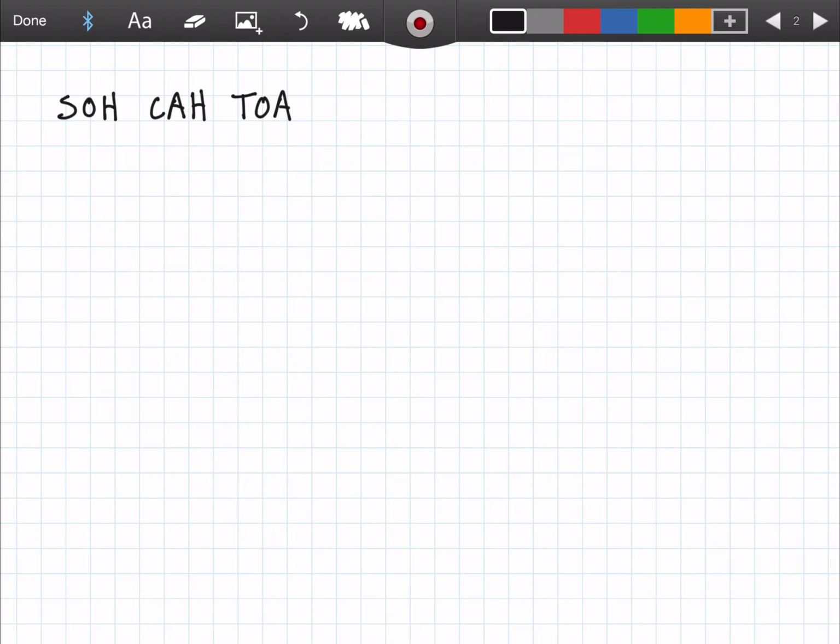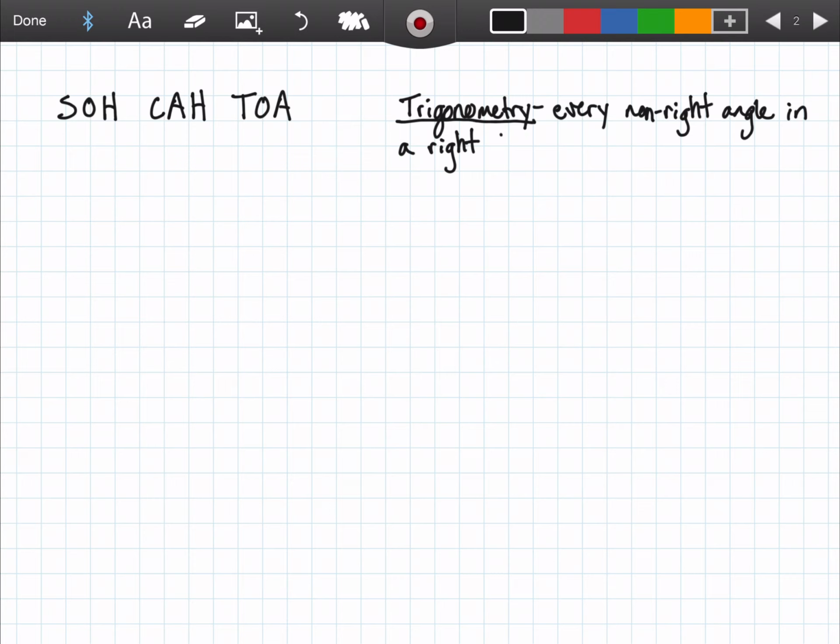So, and funny I say so because let's start with SOHCAHTOA. Or I guess even before we get into SOHCAHTOA, we should probably define what trigonometry even is. Here's what you need to know. Every non-right angle in a right triangle is associated with a specific ratio of side lengths.